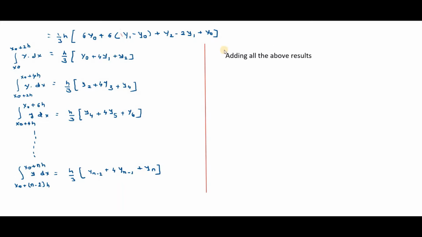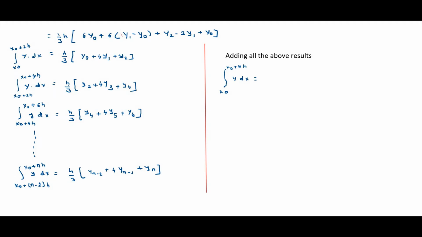Adding all the above results, if you see the left hand side, if you add directly, I will write it as the integration from x0 to x0 plus nh of y into dx.